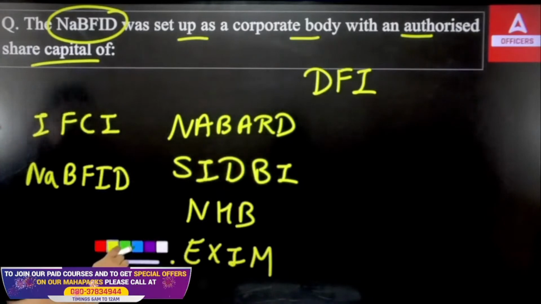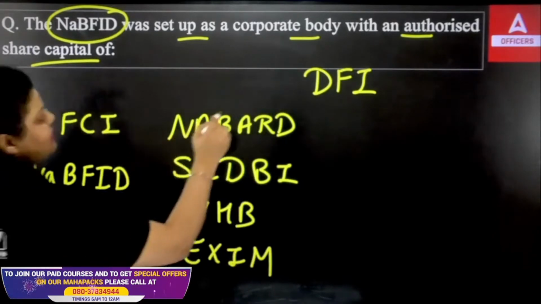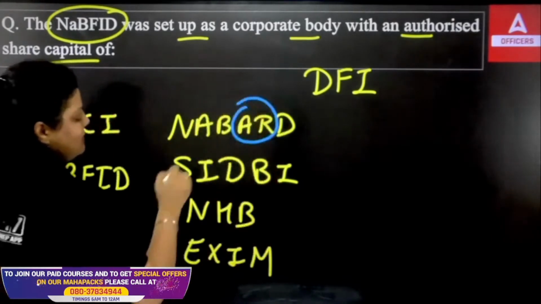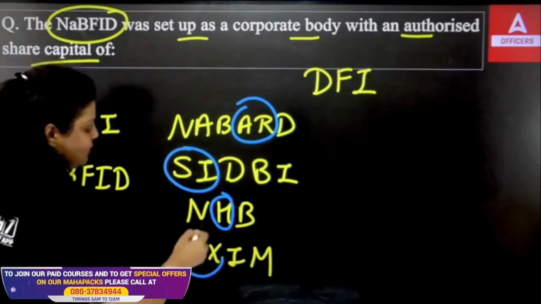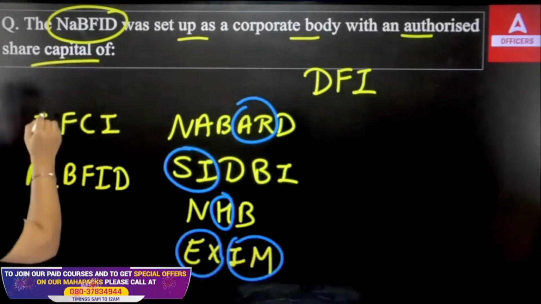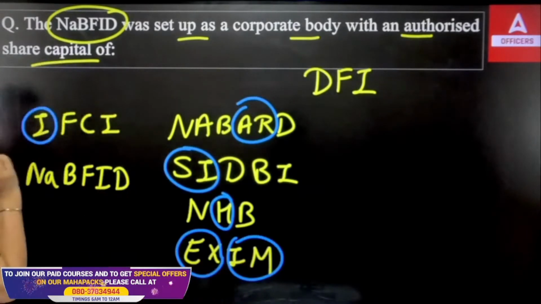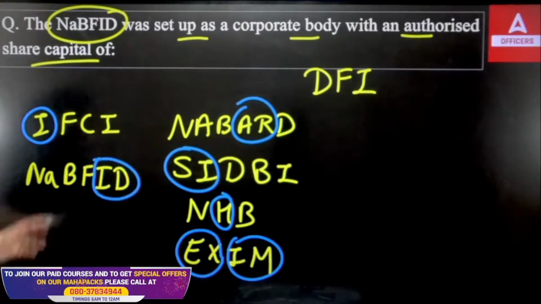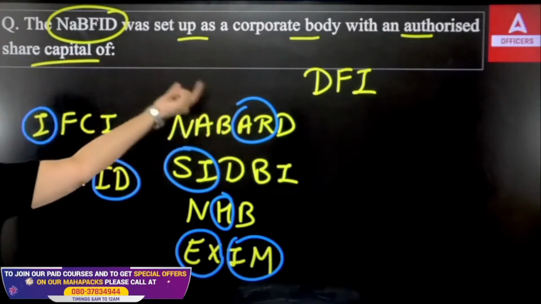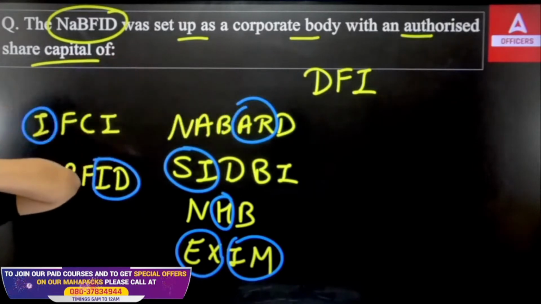They work for a particular sector only. NABARD works for agriculture and rural development, SIDBI works for small industries, NHB works for the housing sector, EXIM works for export and import, IFCI works for big industries, and NABFID works for infrastructure development. So development financial institutions are those institutions which develop a particular sector of the country.